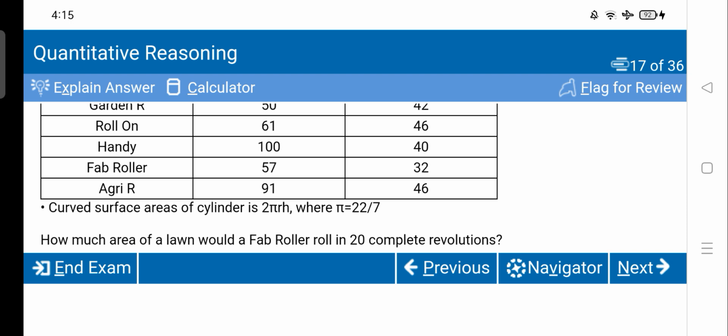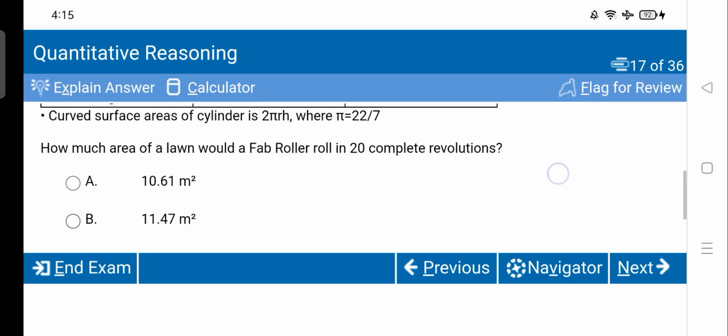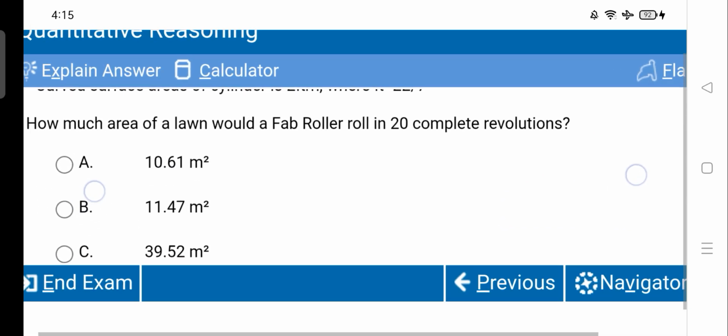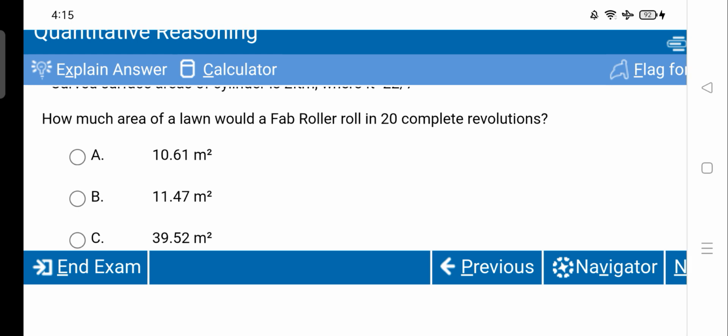Curved surface area of a cylinder is 2 pi r h. Pi is 22 by 7. The question is how much area of a lawn would a Fab roller roll in 20 complete revolutions?